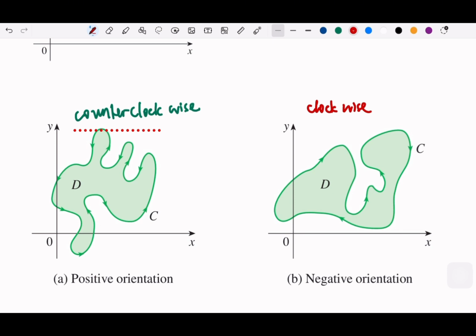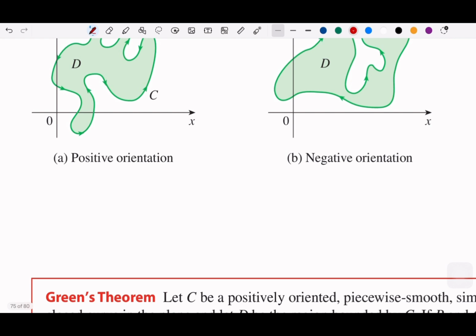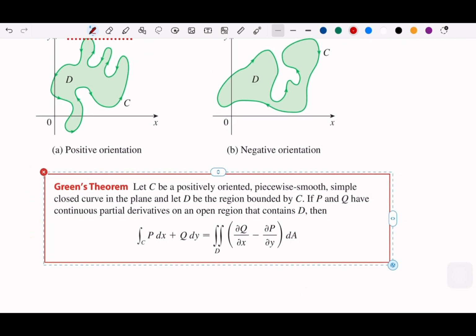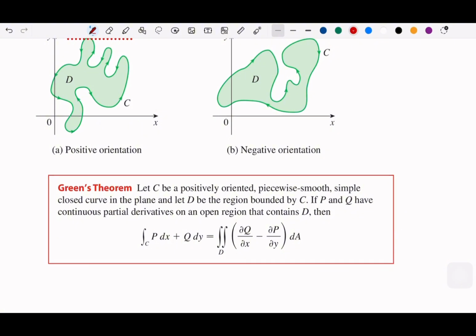So the Green theorem states that if C is a positively oriented, piecewise smooth simple closed curve. Okay, so it's a simple closed curve, it's smooth, and we already defined what smooth means. And then it's also positively oriented. And then D is the region that is bounded by that curve.